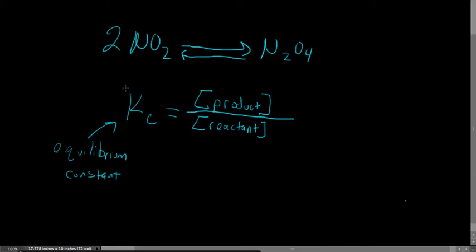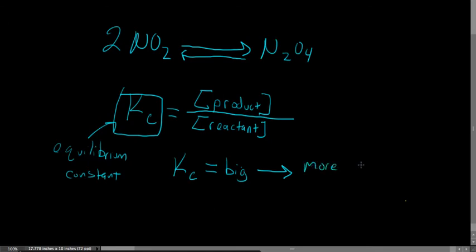So based on how large the value of K sub C is, we can get an idea of how this balance actually sits. Does this balance create more product, or does the balance create more reactant? For example, if K sub C is equal to a very large number, that means we have created in our balance more product than reactants.